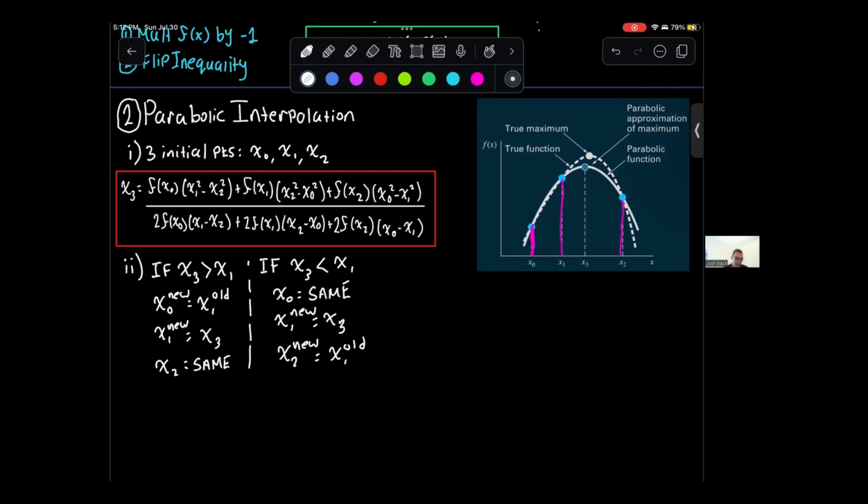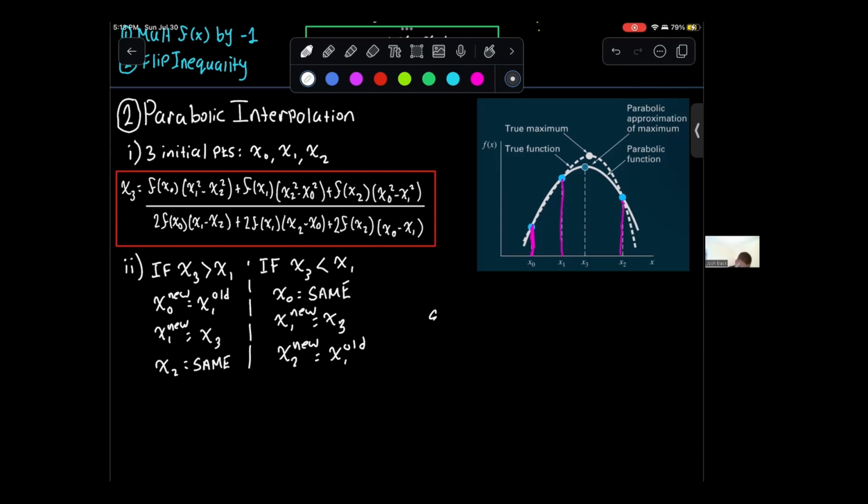Okay, so whenever I find x3, my new x1 is always going to be the x3. The condition is just to change what x1 is. x1 can be the new x0, or it can be the new x2. The x1 cannot be x1 twice.